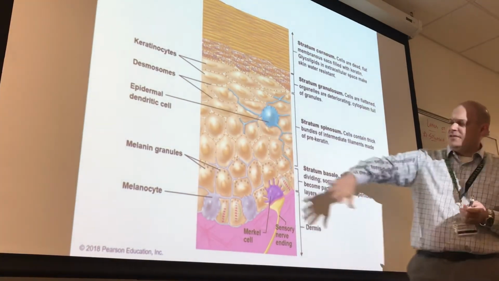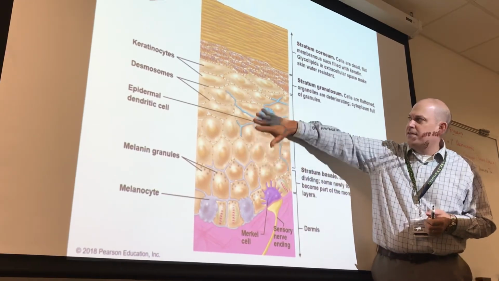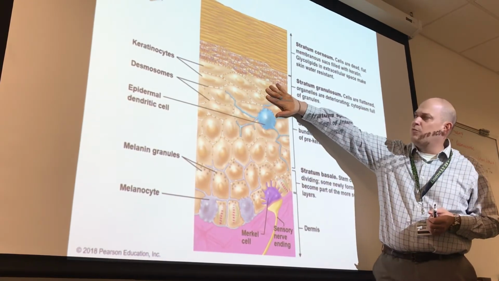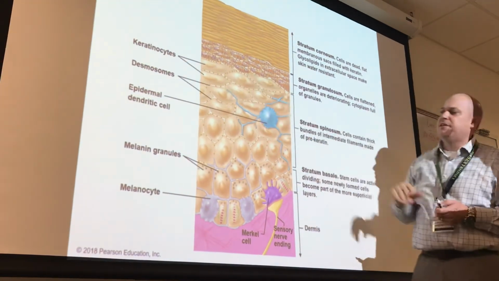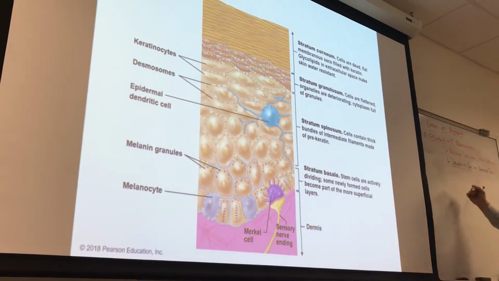The other thing that we start to see, if you look at the cells in the spinosum on the deepest end and the cells of the spinosum on the more superficial end, what are you noticing different-wise? The cells are beginning to flatten out.